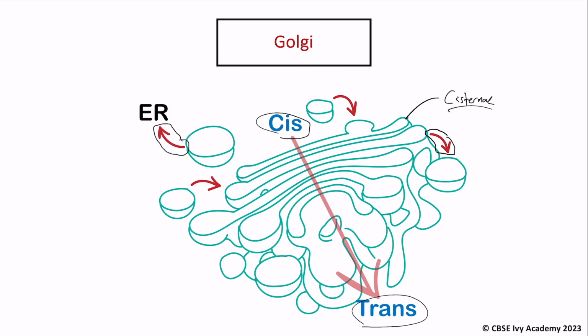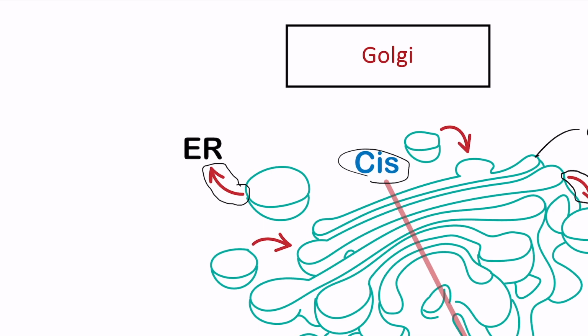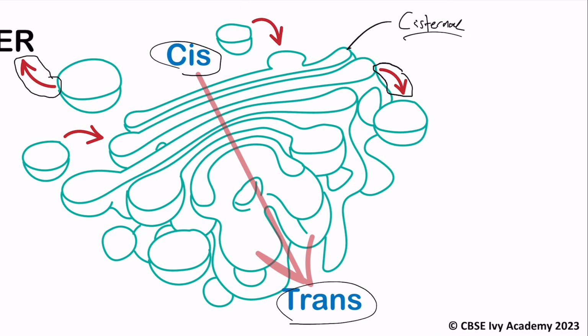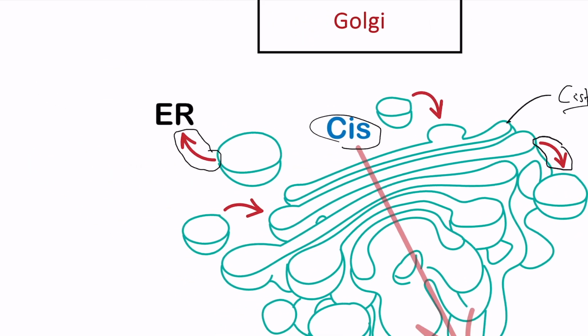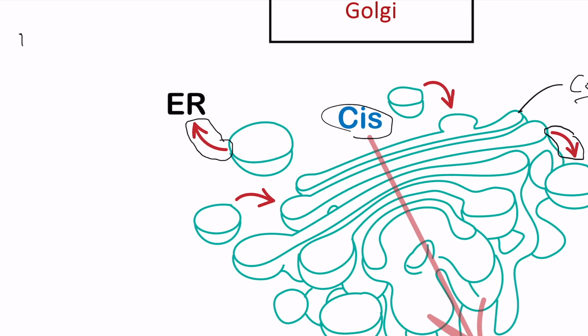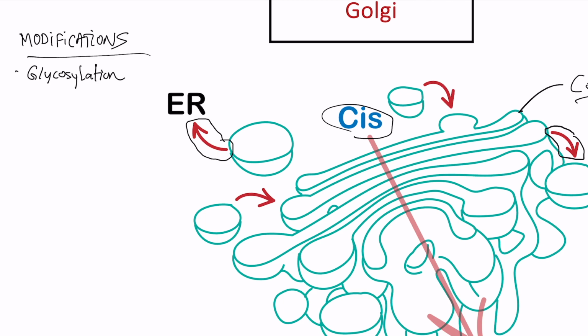And the Golgi is also involved in modifications. I'll go over those modifications that the Golgi can do. First is glycosylation. That's when you add a sugar to a protein to modify it.